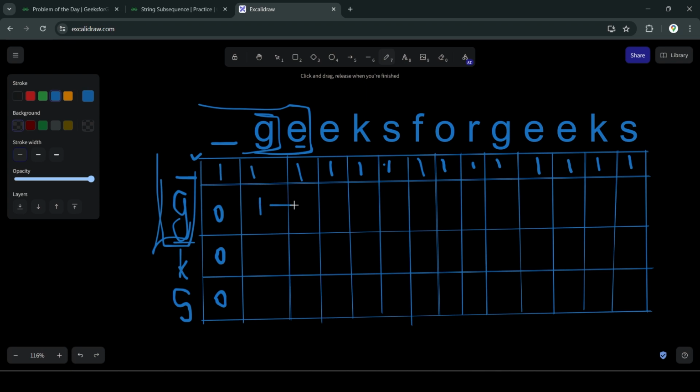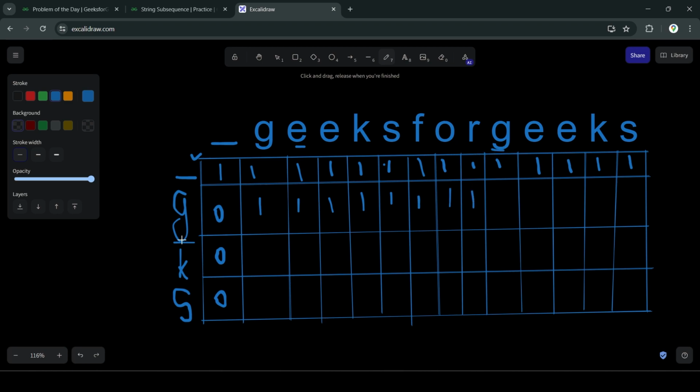So you have to keep this value here also. Basically, we have to carry this value here, so it will be 1. As I have told you, E and G are not matching, so the previous value will be carried here. Now it will be 1 as it is. 1, 1, 1.